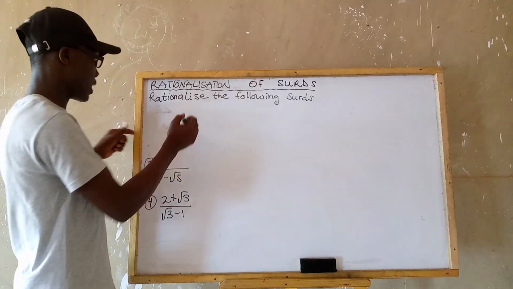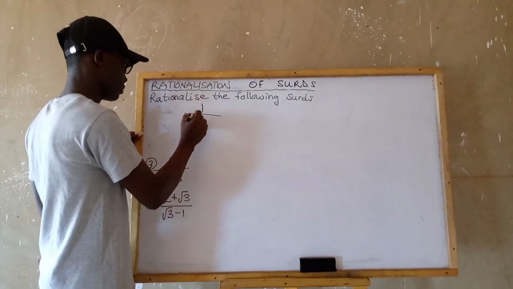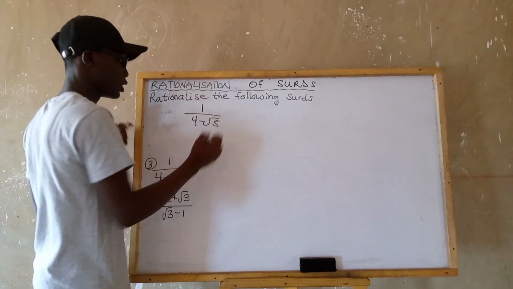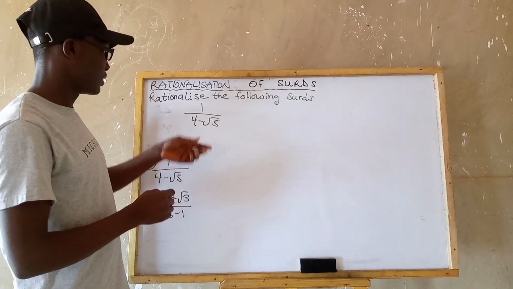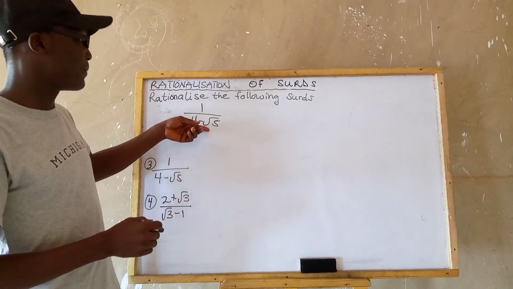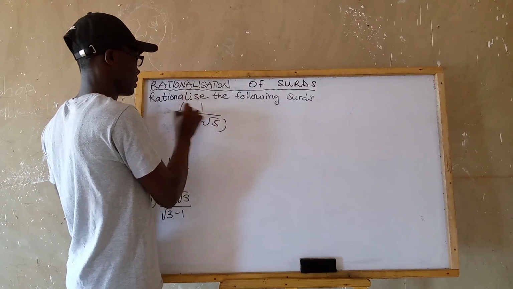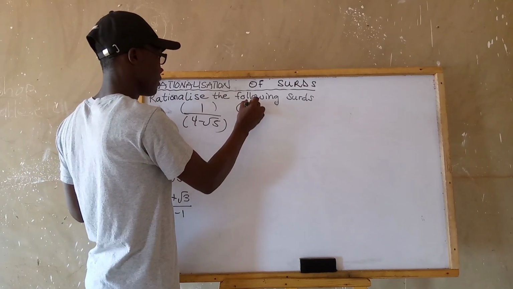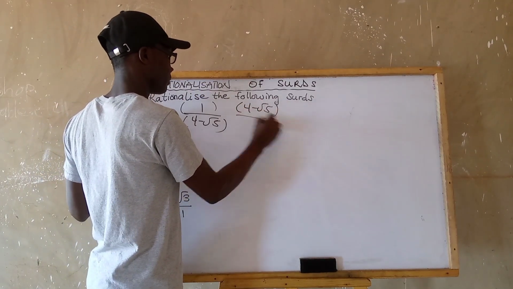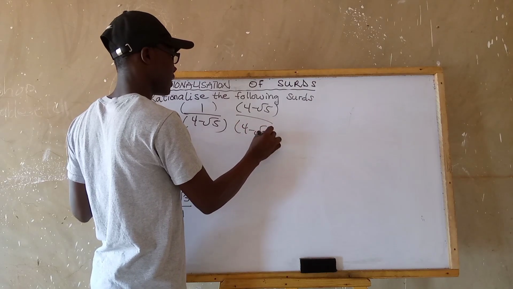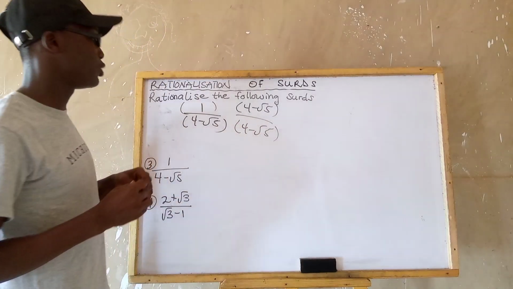Many people will do it like this, because we said you have to multiply the denominator by the top one and then the down one. So it will be something like this: 4 minus root 5, then 4 minus root 5. But if you do like this, you get it wrong.